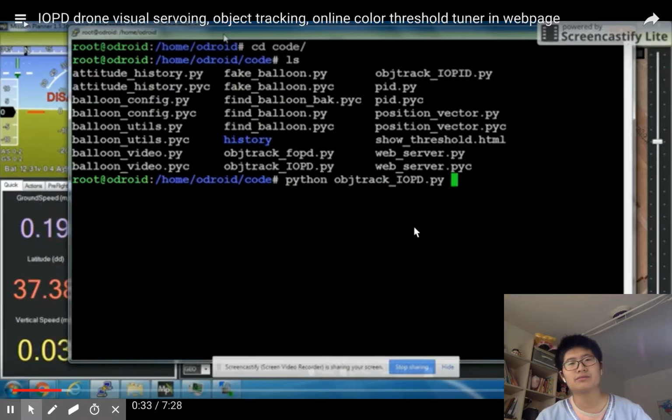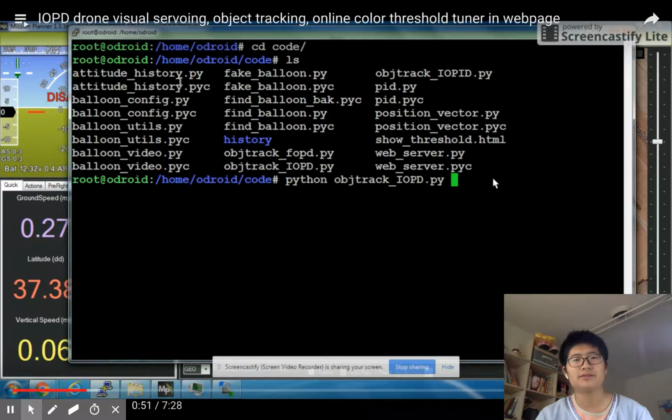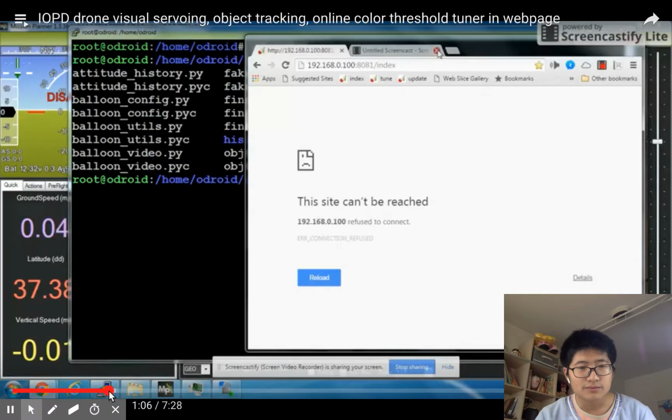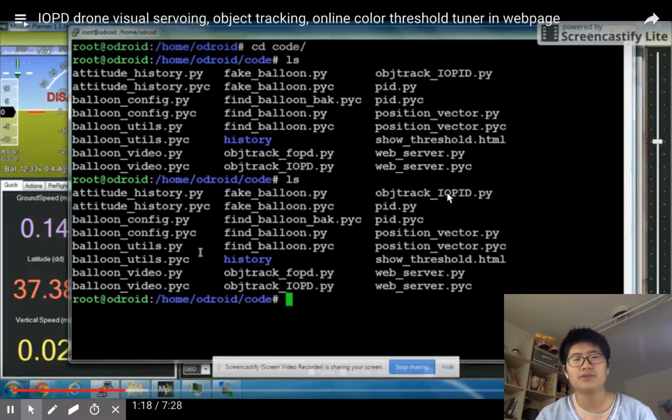We run a Python script from the drone, and that Python script contains commands to process the video and control the drone to track the target. From this web page, if we enter the address like this, we can see the video from the drone.